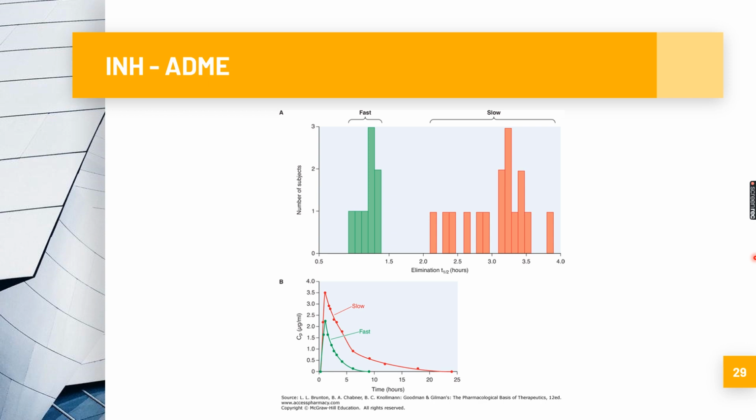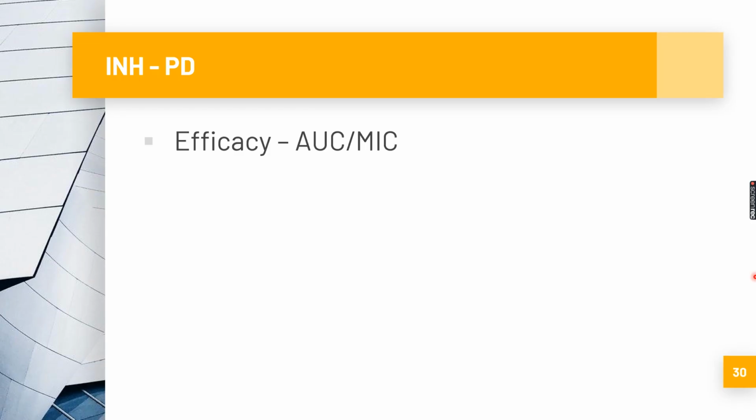For example, you can see this bimodal distribution of fast and slow acetylators, and you can see how the T half is increased in slow acetylators and is decreased in fast acetylators. The efficacy is measured as AUC by MIC.